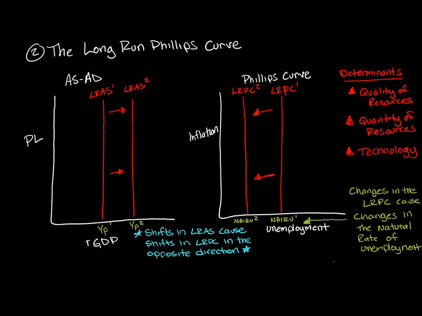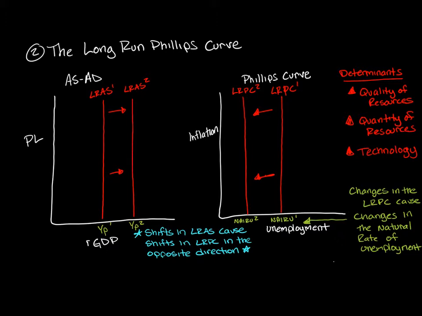And so producers never get to squeeze any extra productivity out of their workers per dollar in the long run, whereas in the short run they were able to do so. And since they're not squeezing that extra productivity per dollar out of their workers, you never see the short-term increases in our GDP that would result from changes in the price level in the short run. We don't see those changes in the long run.